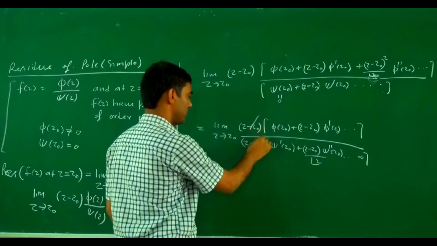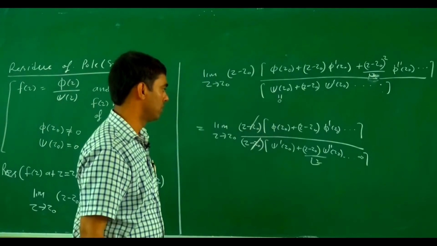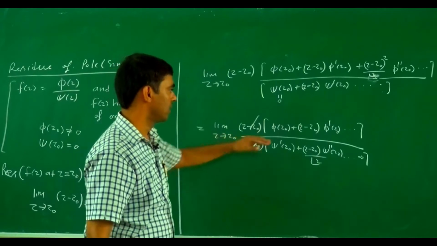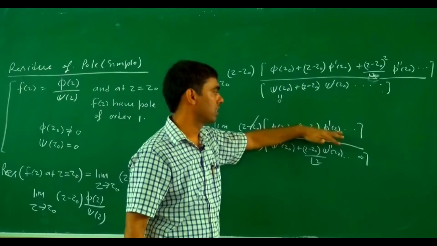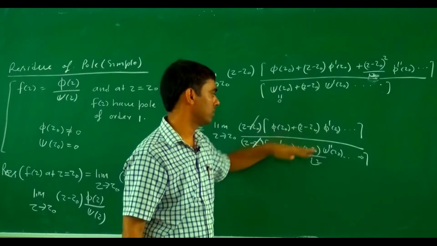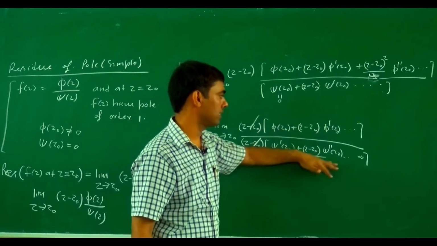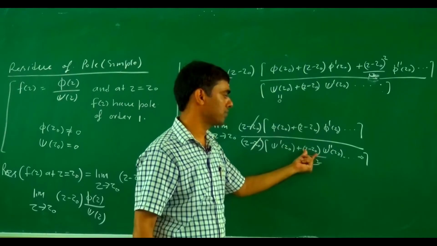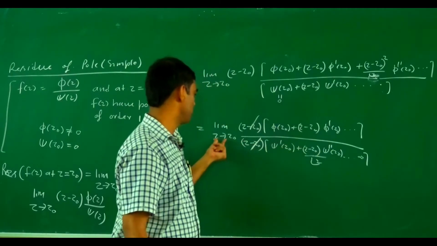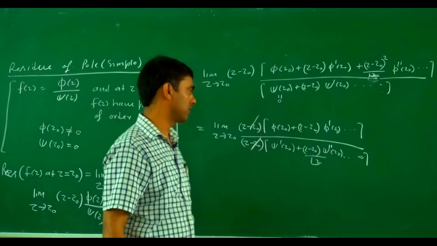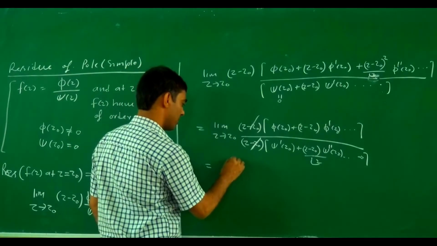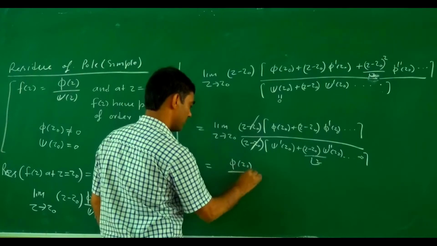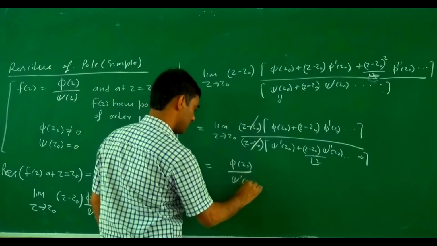So (z minus z0) cancels out. If we take the limit, all terms from the second onwards in the series become 0 because they are multiples of (z minus z0). So the value becomes phi(z0) divided by psi dash(z0).